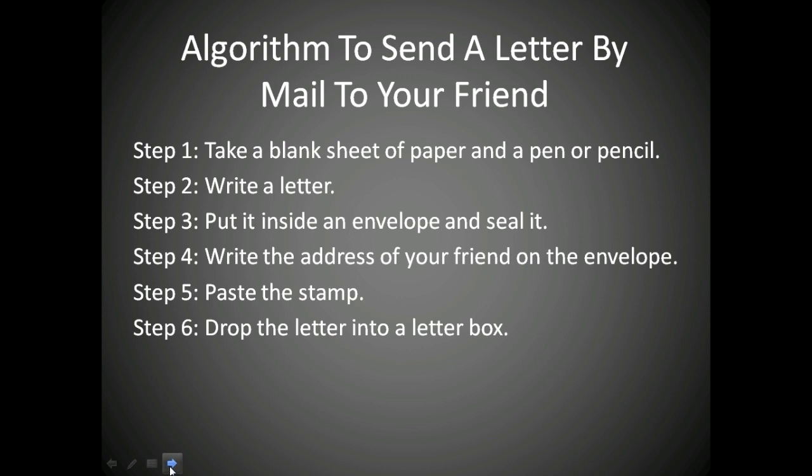Write the address of your friend on the envelope, paste the stamp, drop the letter into a letter box. So children, for doing a small piece of work like sending a letter by mail to your friends, you need to follow 6 different steps. Suppose step number 5 is paste the stamp. If you forget to do that, your letter will not be delivered.